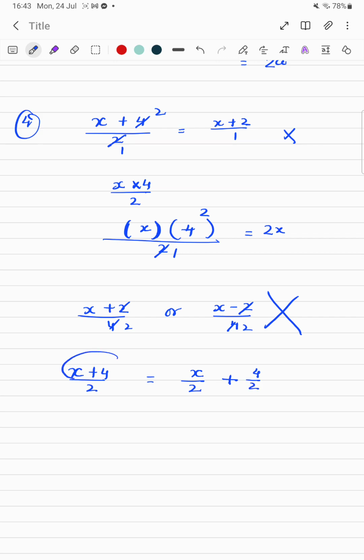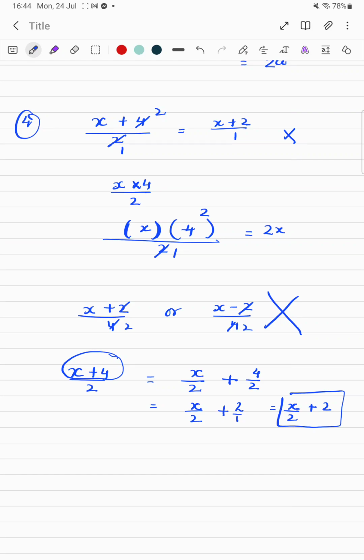Meaning every term in the numerator you divide separately by the denominator. Now x by 2 we cannot further simplify, but 4 by 2 can be simplified to 2 over 1, and we can write the final answer as x over 2 plus 2.